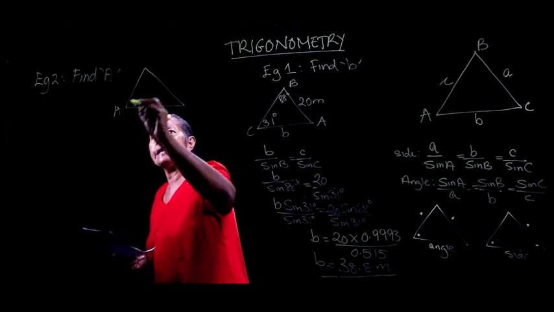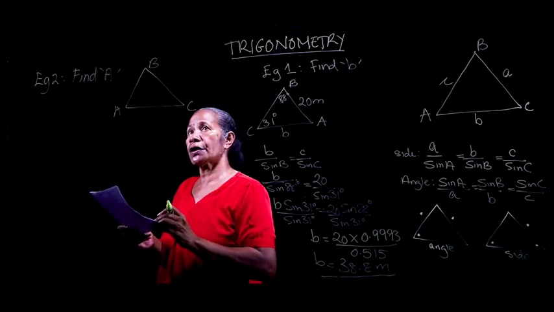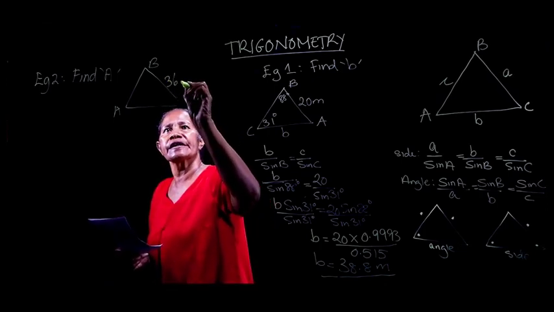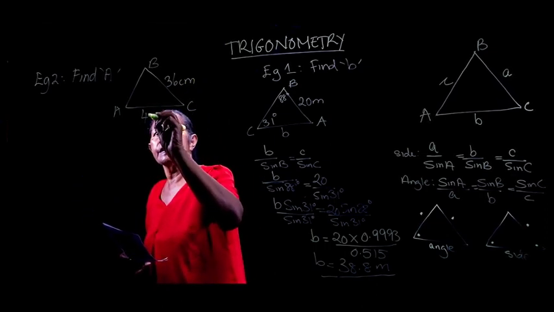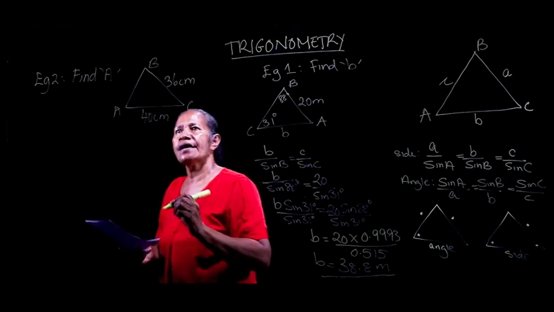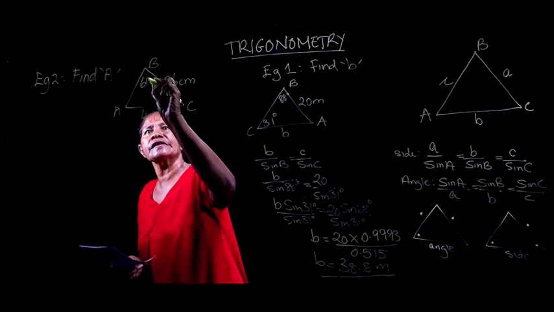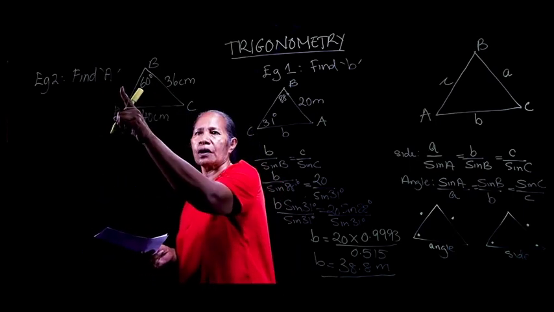We have A, B, and C. Directly opposite, we have 36 centimeters, and we have 40 centimeters and 60 degrees. So we are looking for an angle.